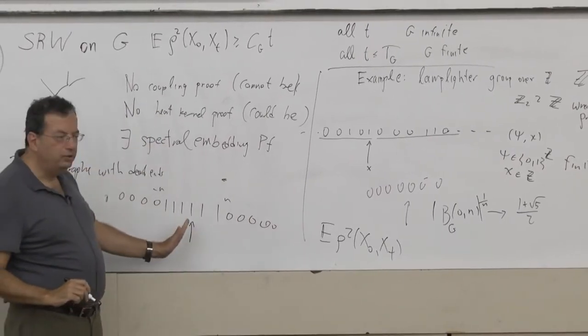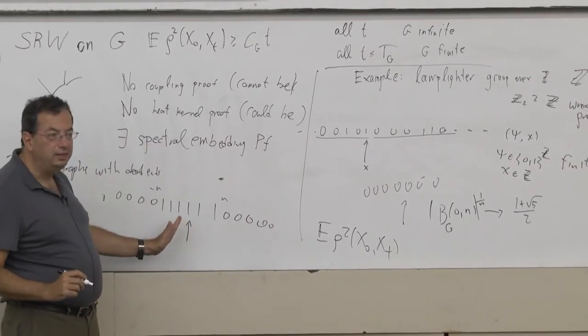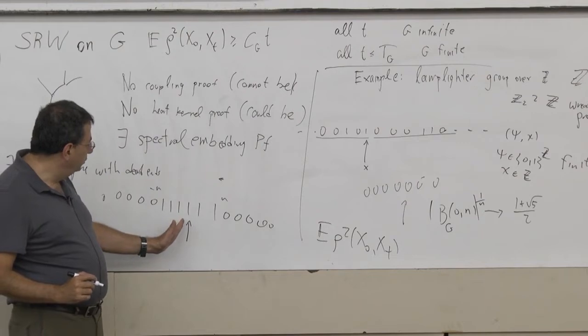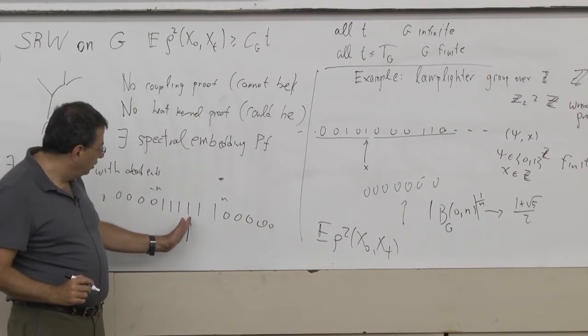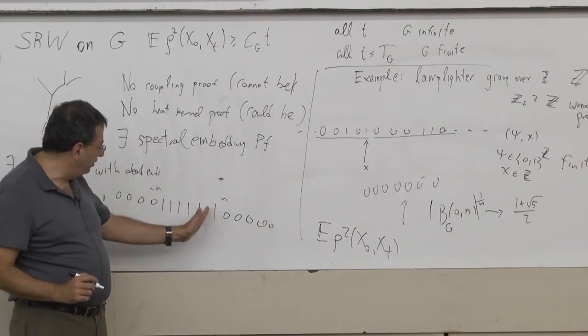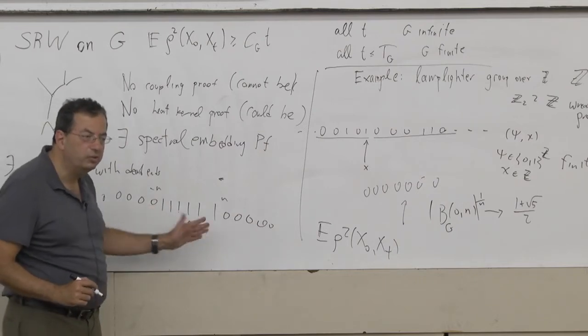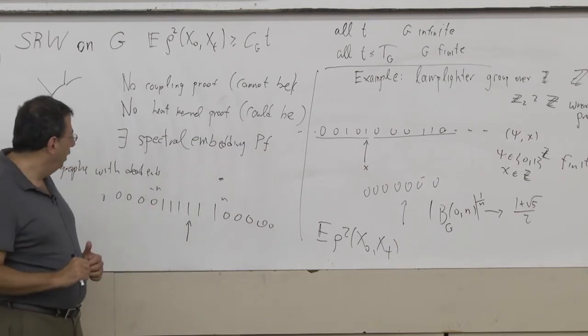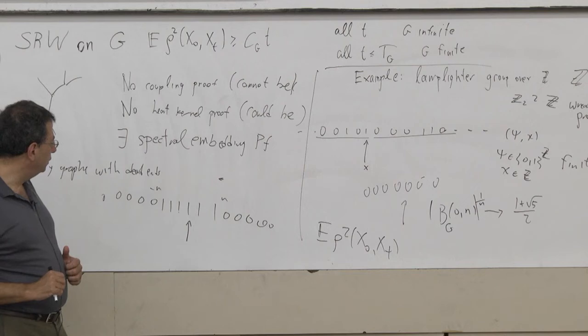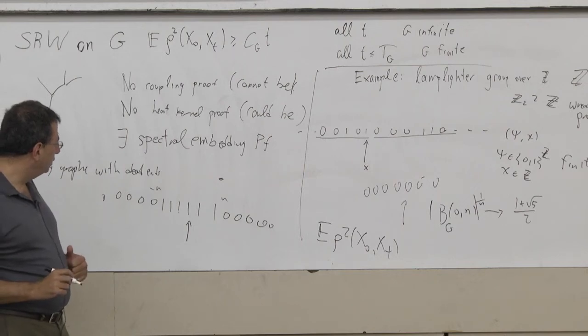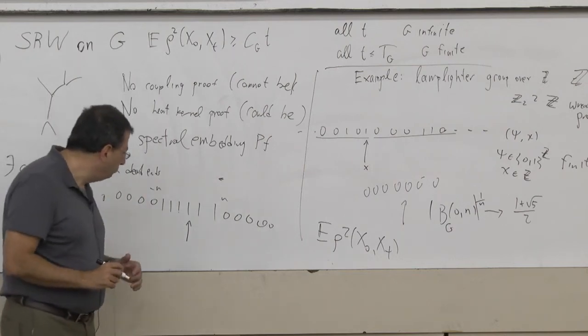Well, if I want to go from this configuration to the identity, what do I have to do? I have to go all the way to the right, turn off these lamps, and then sweep back all the way to the left, turn off these lamps, and then bring the marker back to the origin. So you can calculate the distance. It's like 6n or so.